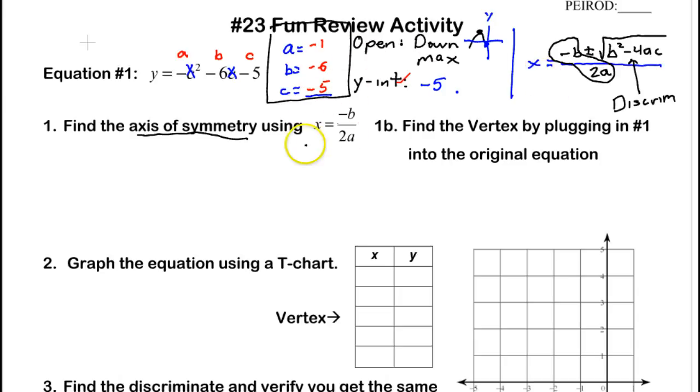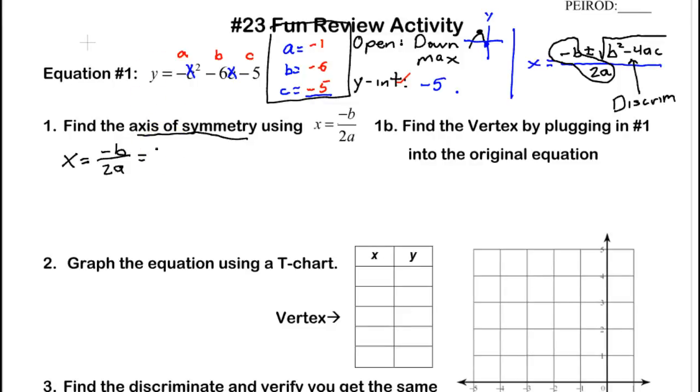All right, so let's find the axis of symmetry. Write it down. Go ahead and calculate it on your own. Plug in A, plug in B, see what you get. Now, as usual, I want you to do this with me, not look up, wait for me to do it, and then copy it down. You're not going to get better by copying somebody else doing it. You have to do it and then check to see if you did it right, make corrections as needed as you go on.